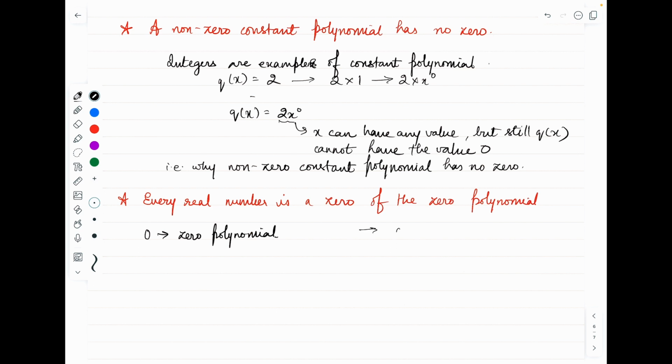Now instead of 0, we can write 0 into x, or whatever. x can be anything: x to the power 5, x to the power 10, whatever you take.